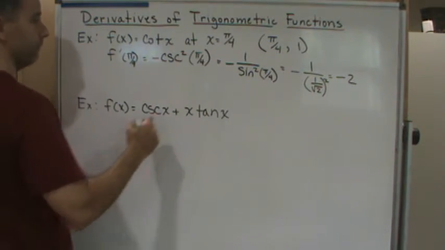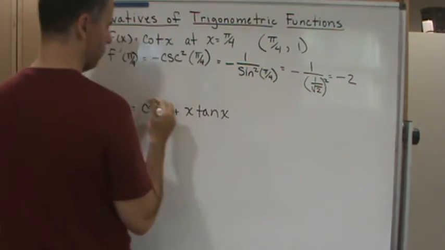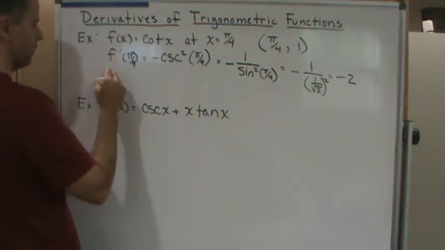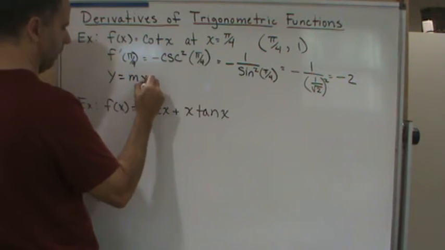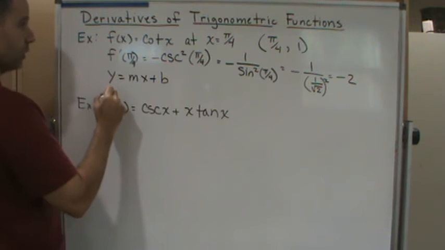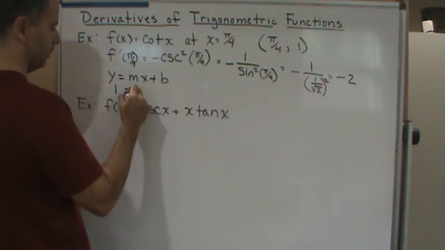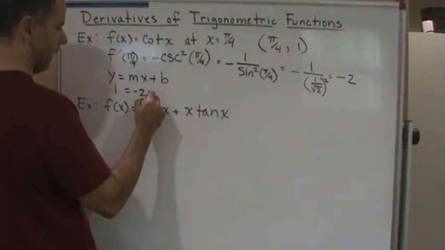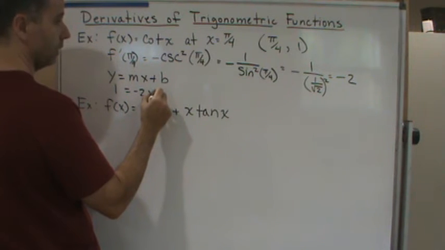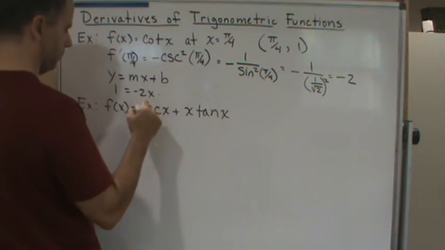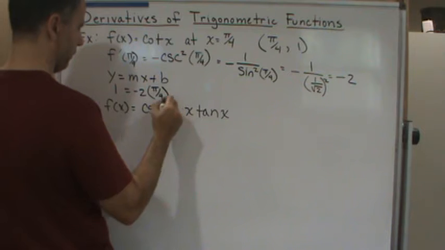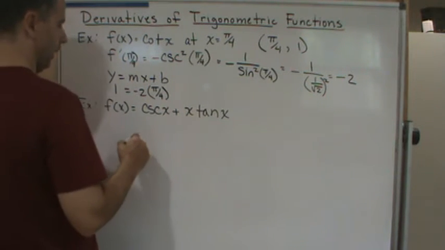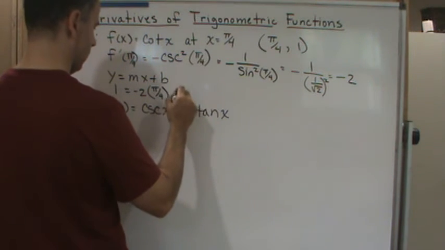Okay, now with our point and the slope, let's find the y-intercept. So y equals mx plus b, which gives us 1 equals negative 2 times x. What's x? We've got to plug in for x. It's negative 2 times pi over 4. And so what do we get?